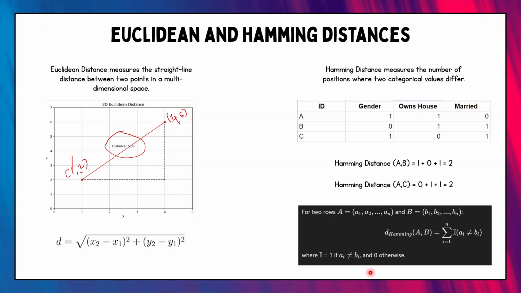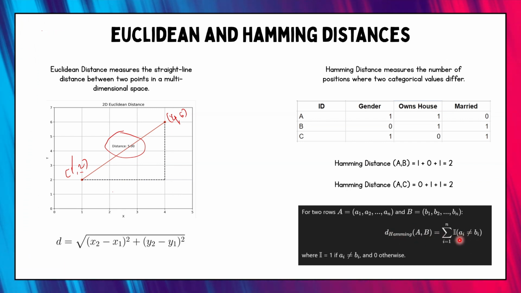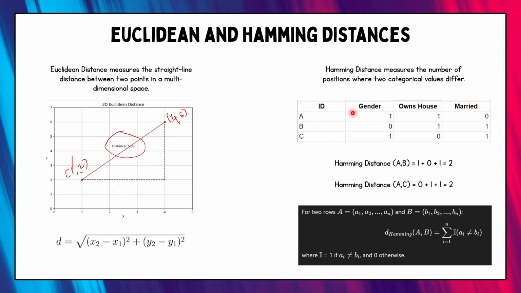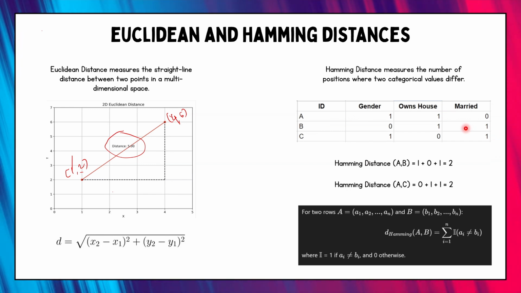So you can see the simple formula over here, where we are using a function which is equal to 1 if ai is not equal to bi, and 0 otherwise. If they are equal, we consider it as 0. So you can see the Hamming distance between data points A and B is basically 2. And if you count the Hamming distance between A and A, it will be 0, which is what we want it to do, right?